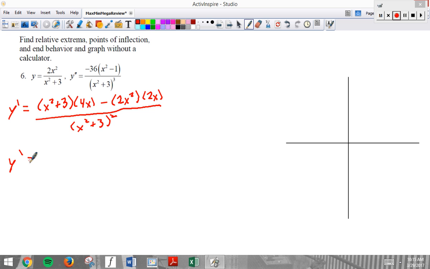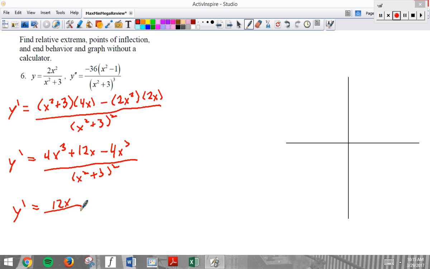I'm going to simplify that a bit. Now, 4x cubed plus 12x minus 4x cubed. Ooh, it's so nice. 12x over x squared plus 2.